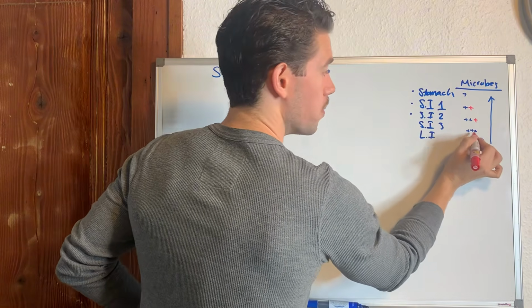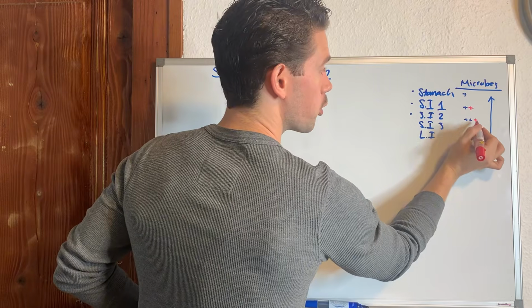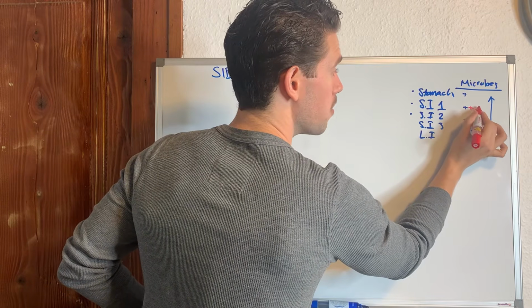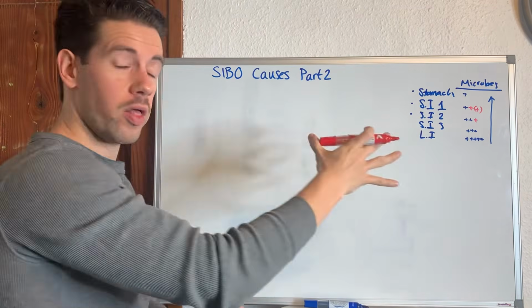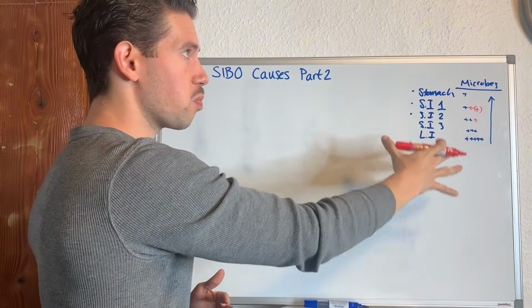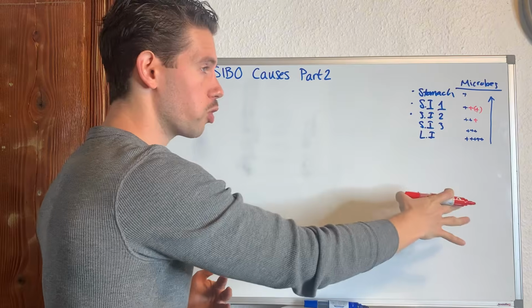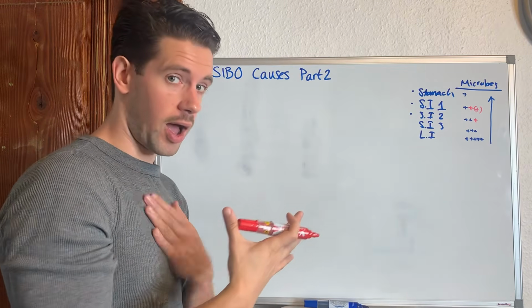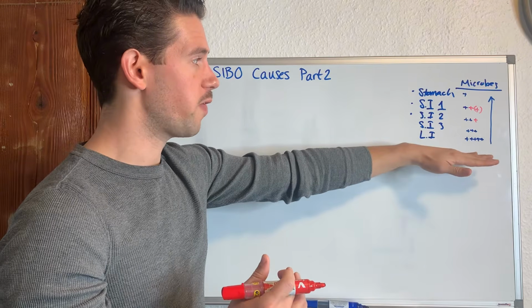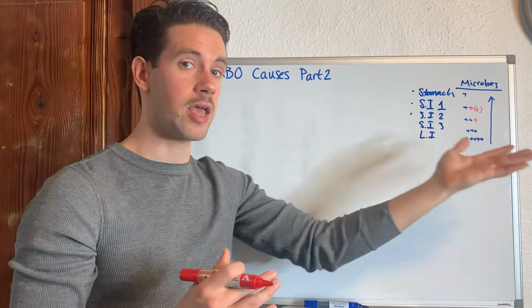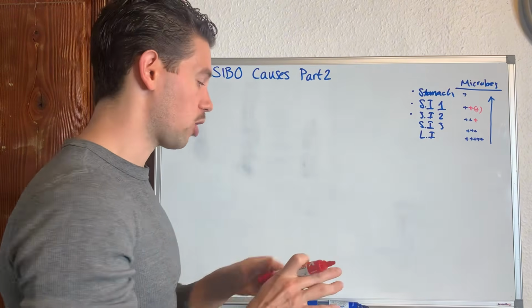You get maybe 5, 3, 3, 2, maybe an extra 3. These are the small intestinal bacterial overgrowth parameters that I would use. This is what I would see in a SIBO type of profile compared to the blue, which would be a more regular type of digestive profile.